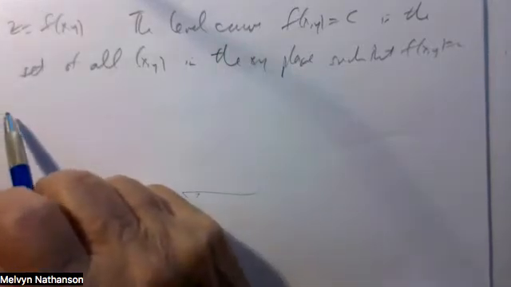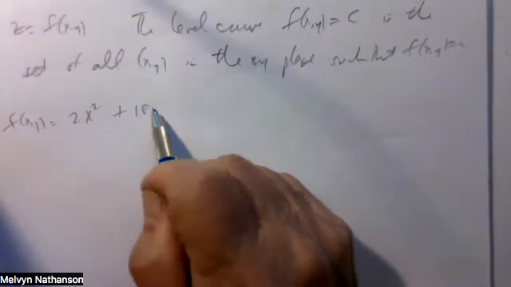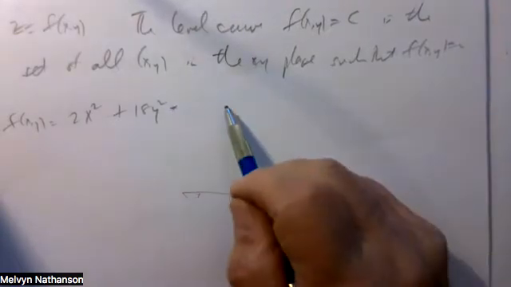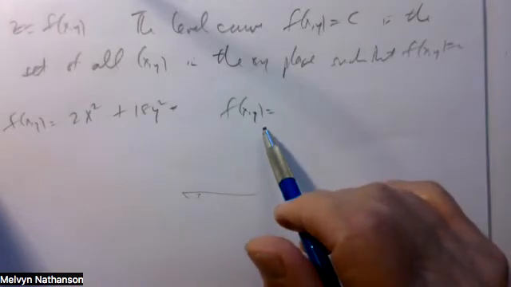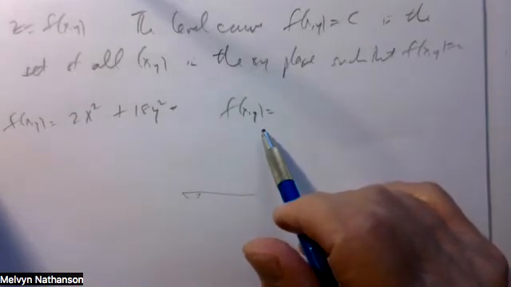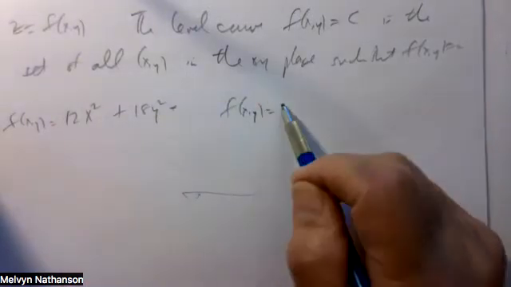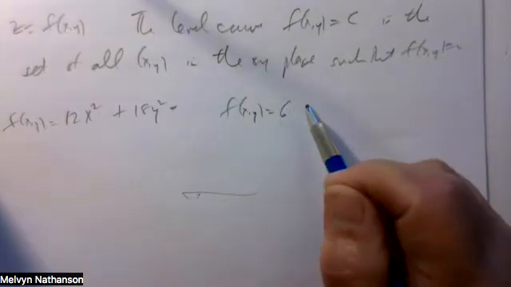So for example, if you have a function f of x, y equals 12x squared plus 18y squared, the level curve f of x, y equals 6.